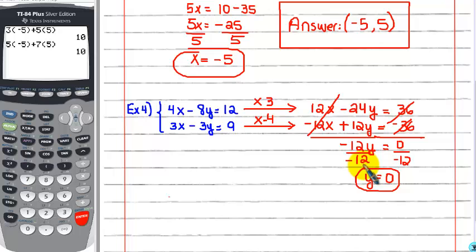Alright, at this stage now, you can pick any of these equations. So let's say I pick the last one. And we're going to bring this value that we found, y equals 0, and we're going to plug it in for y.